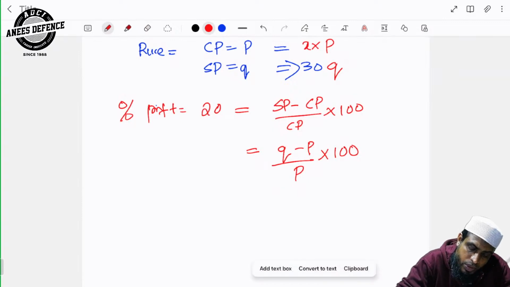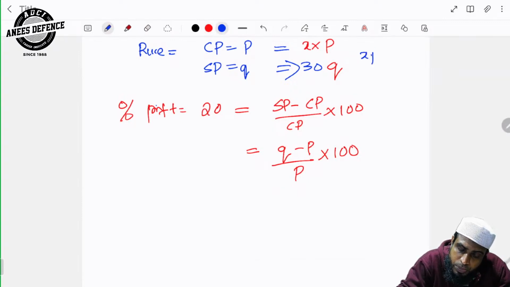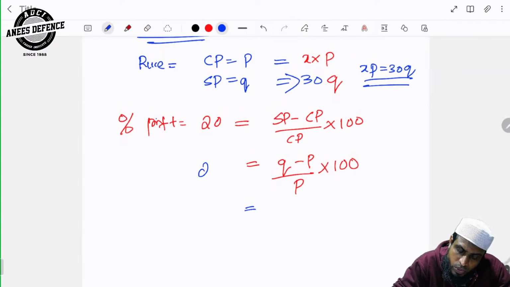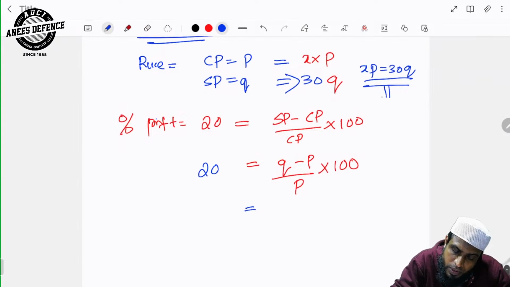So from here you can get the relation XP is equal to 30Q, that is given in the question. So you have to find the value of X. So Q minus P is equal to 20. From here you can write P equal to 30Q by X.